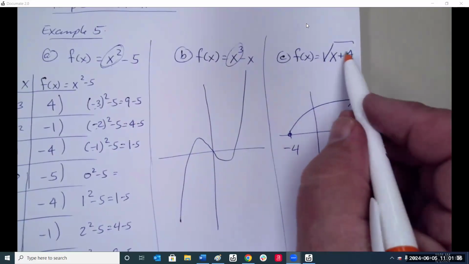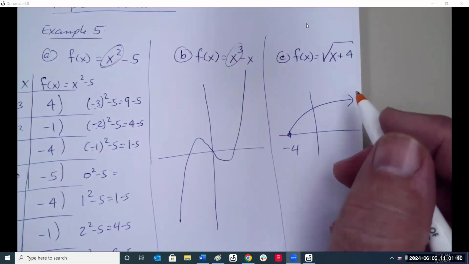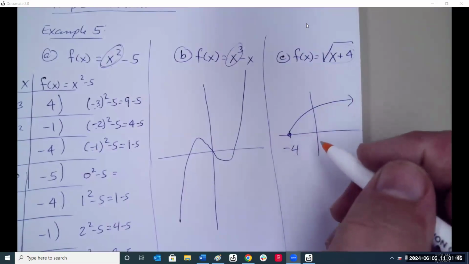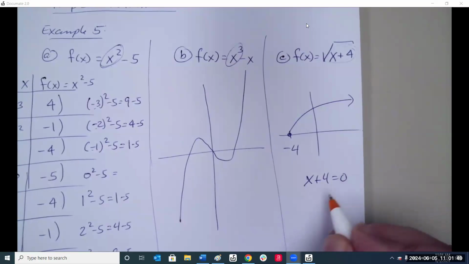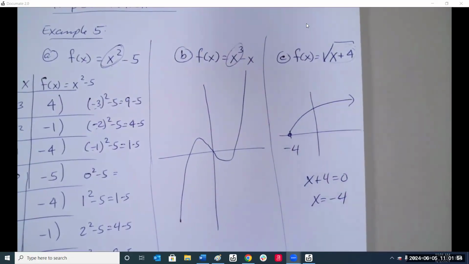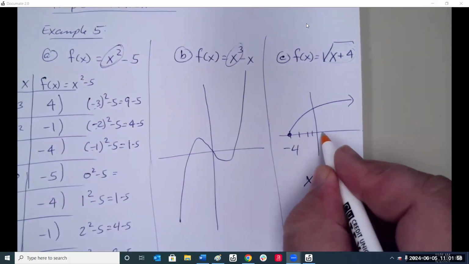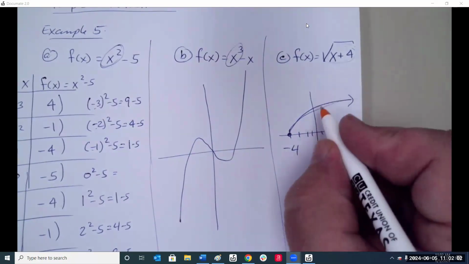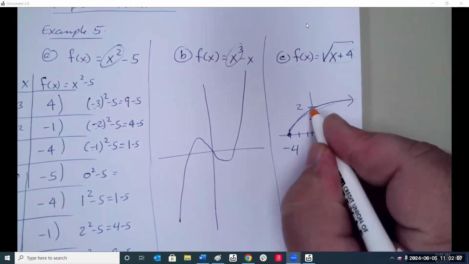We haven't talked about the rules here. You cannot have negative numbers inside square roots. The smallest number that could be inside here is a 0. So if I take x plus 4 and set it equal to 0, I start off at -4. That's when it equals 0. At -3, -2, -1, and so on, it goes like this. When x is 0, y is 2.